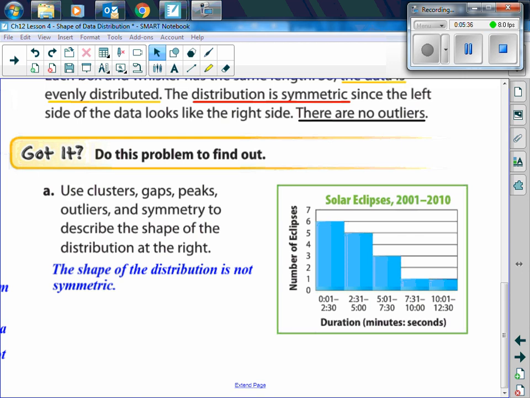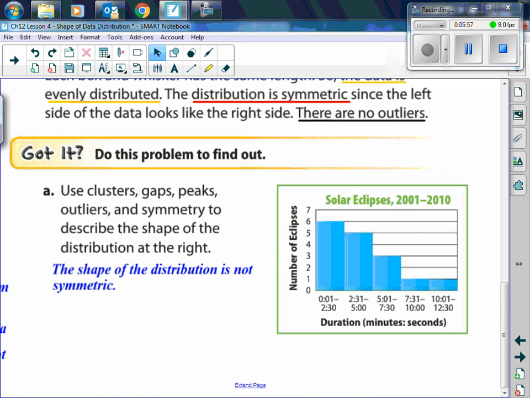Okay, please make sure you write this down. You can take from your notes, you can cut out in the textbook, you can cut out the histogram and tape it into your spiral, just so you have that in there, so you know what you're describing, okay? How about clusters, gaps, and peaks?